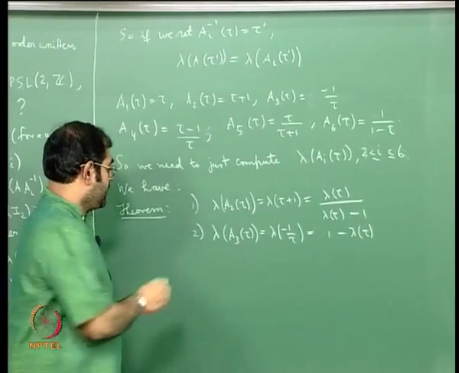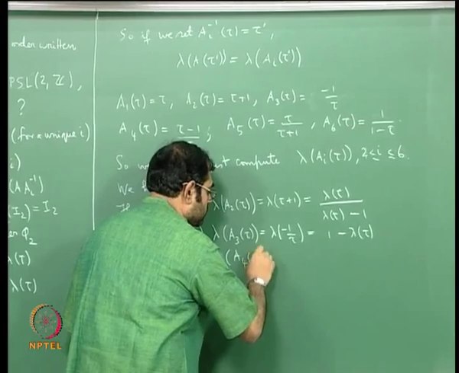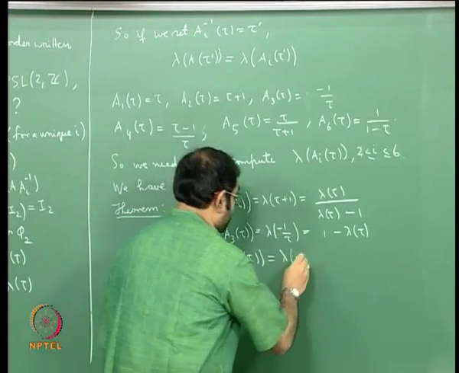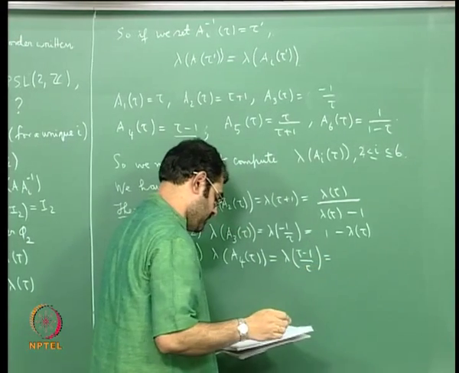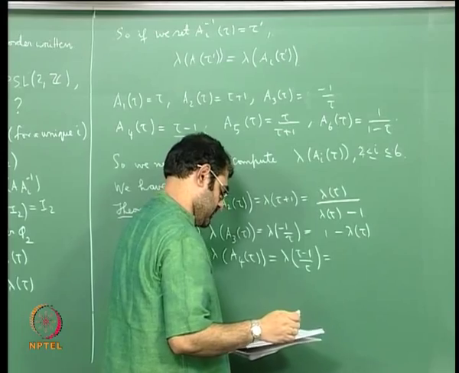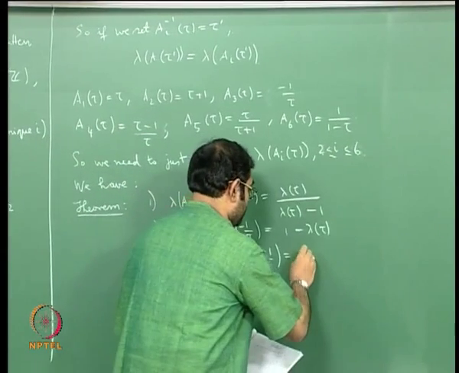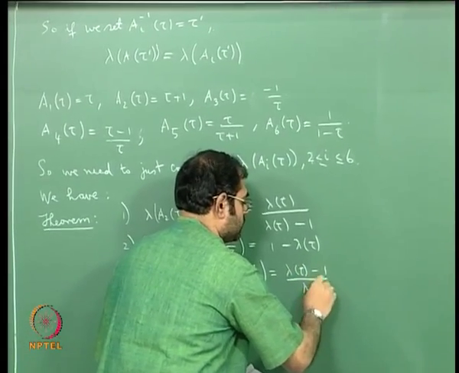Third one, lambda of a4 tau is lambda of tau minus 1 by tau, which is lambda tau minus 1 by lambda tau.